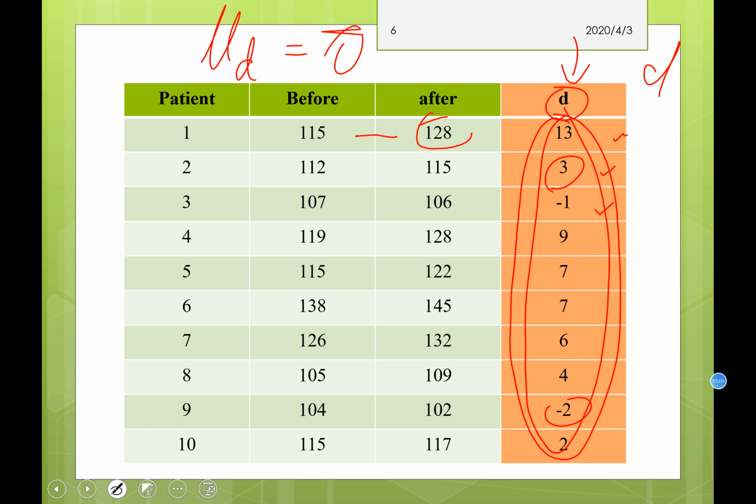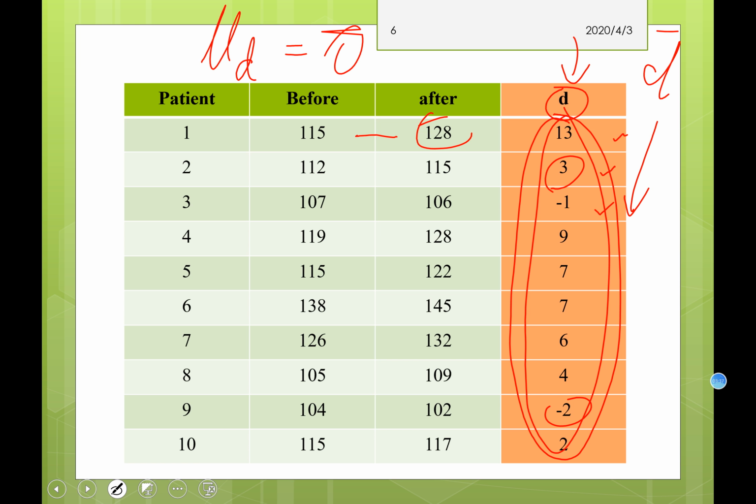So d bar is the mean or the average of these 10 numbers. So do you know how to calculate d bar? Yes, very good. D bar equals the summation of all these 10 numbers divided by 10. So that is d bar.